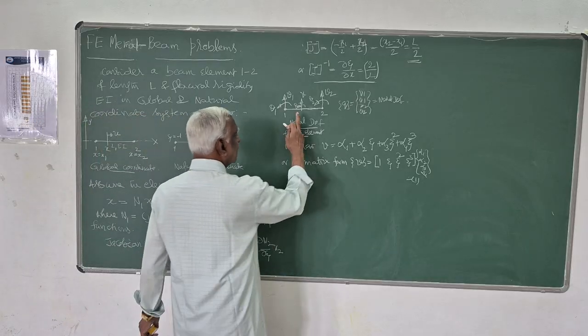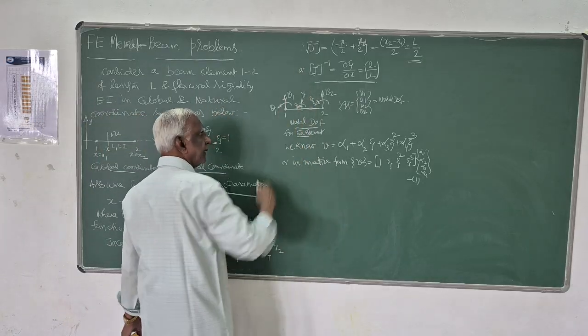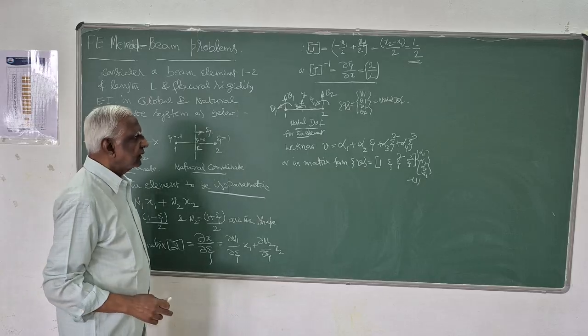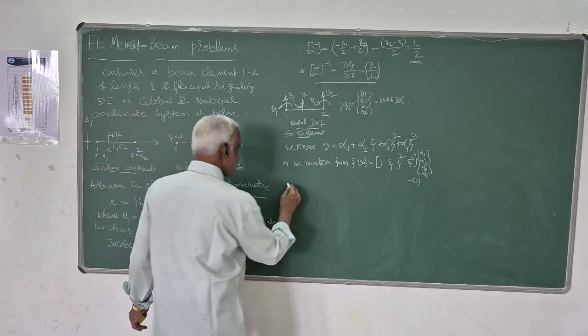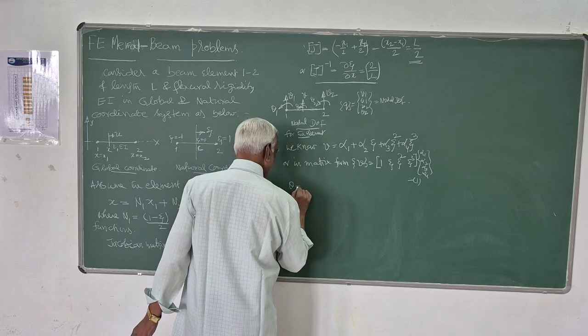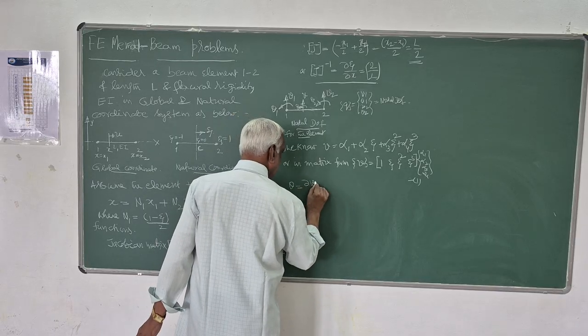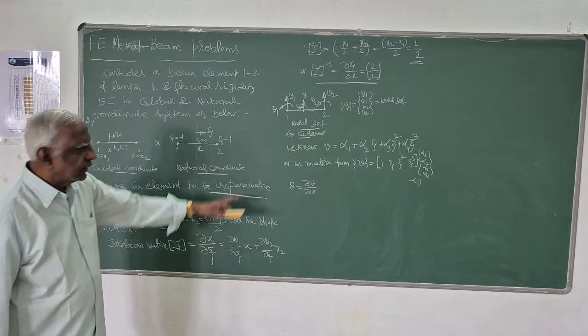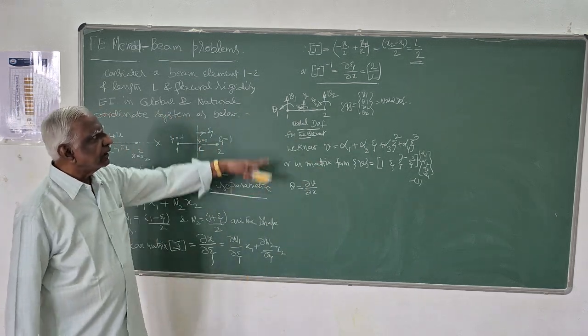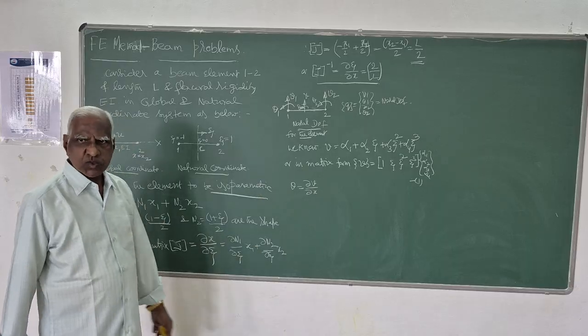That is the degree of freedom V at any point. You can represent it in the polynomial form like this. Then similarly, theta is nothing but delta V by delta x, in the global coordinates. Rate of change of the vertical displacement is slope.